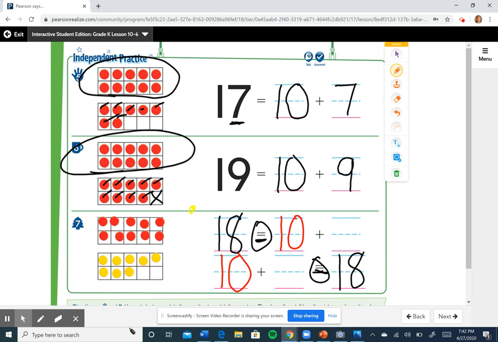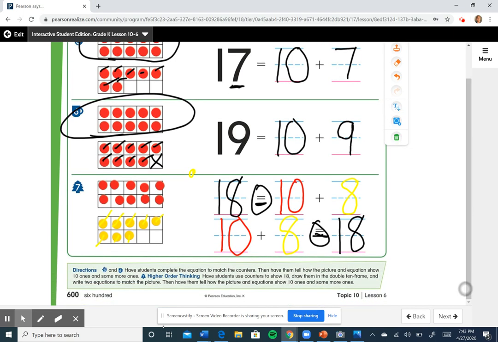Ready, set, go. 1, 2, 3, 4, 5, 6, 7, 8. So our equations read 18 equals 10 plus 8. Or another way to write that equation is 10 plus 8 equals 18. Perfect.